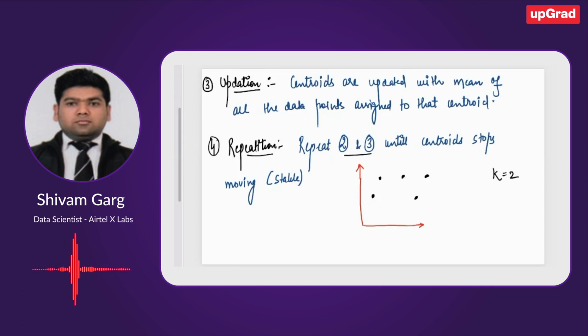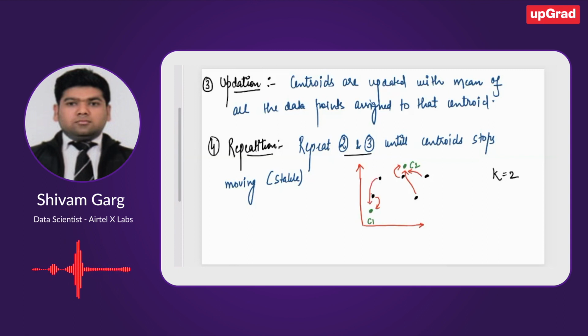So you randomly initialize, let's say one centroid here, your C1, and one centroid here, let's say C2. So in the assignment step, this data point will be assigned to C1. This will be assigned to C2. This also will be assigned to C2. This, let's say again C2 is closer, and in this case let's say C1 is close.